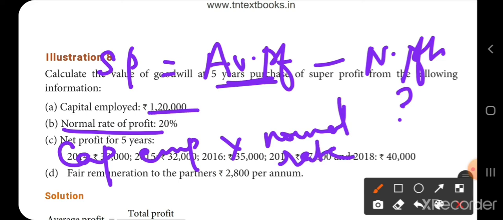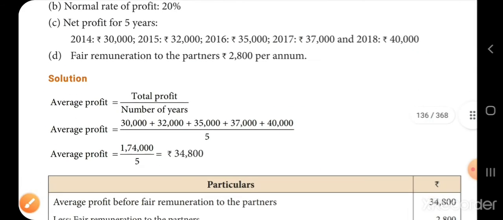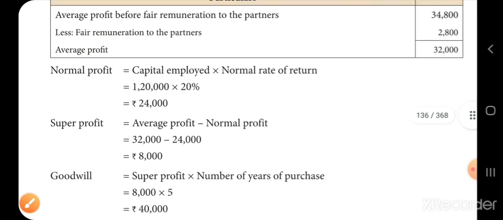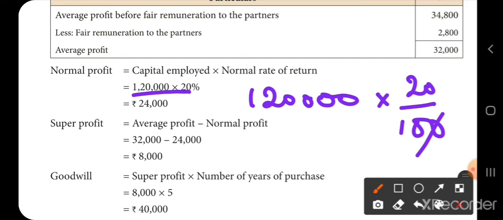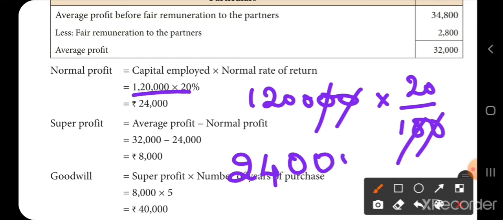That is 1,20,000 into 20 by 100. You get 24,000. So, normal profit you get 24,000. So, super profit is equal to 32,000 average profit minus 24,000 normal profit, you get 8,000.